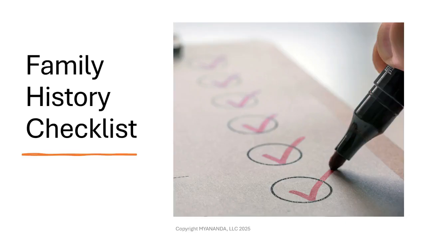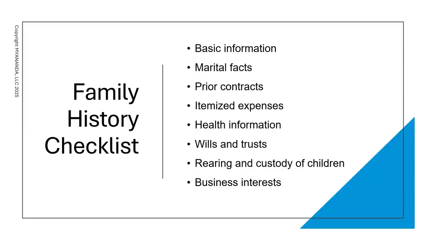All right, and then the last topic is a family history checklist topic. This will be fast. We're talking about what type of information we're generally looking for. A lot of this information is located usually in the client's initial consult questionnaire, which can be very long in some areas of law. Family law might be, with today's situations, especially with the electronics.